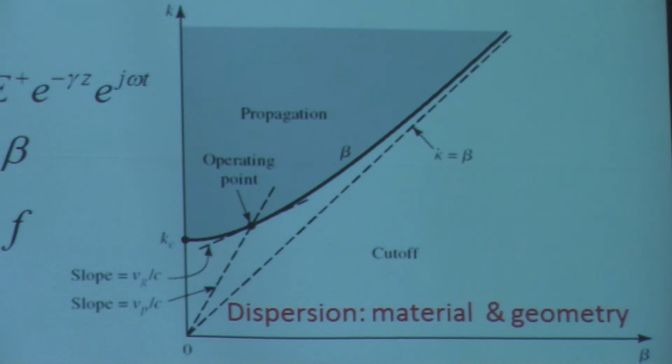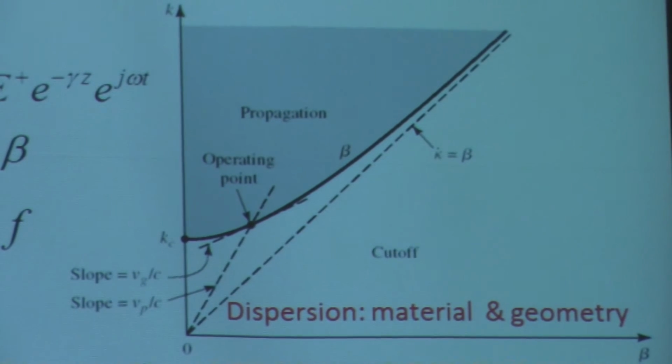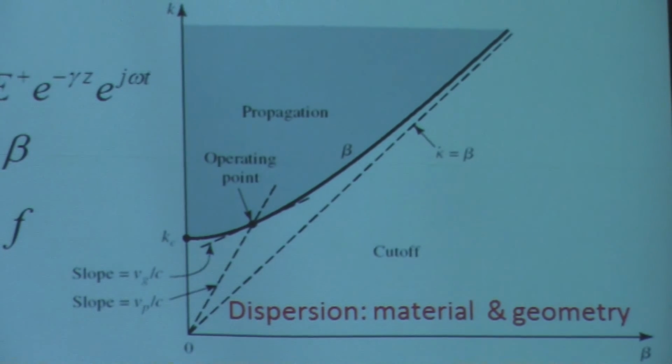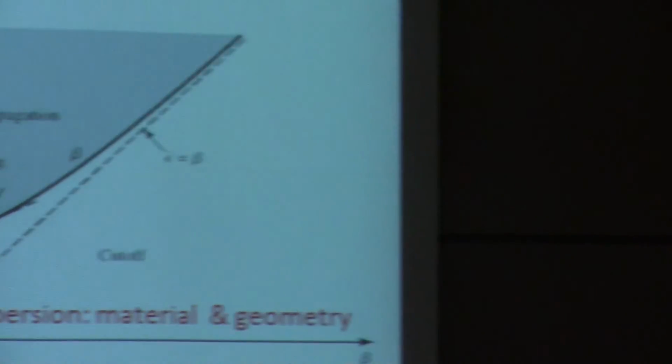But I did have a picture where, if you go into detail with two parallel plates and put electromagnetic waves in, you know how to calculate the phase velocity and the group velocity. Then you see that the phase velocity is indeed much higher than the speed of light. Okay?